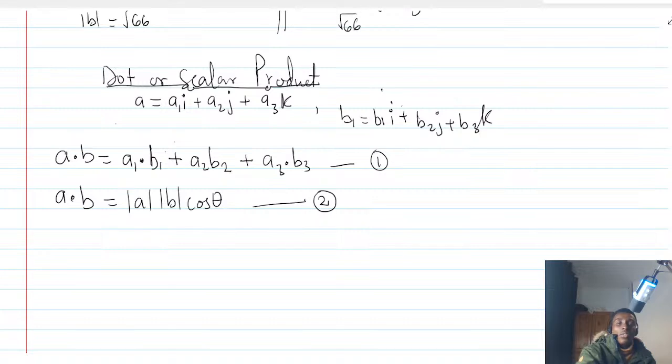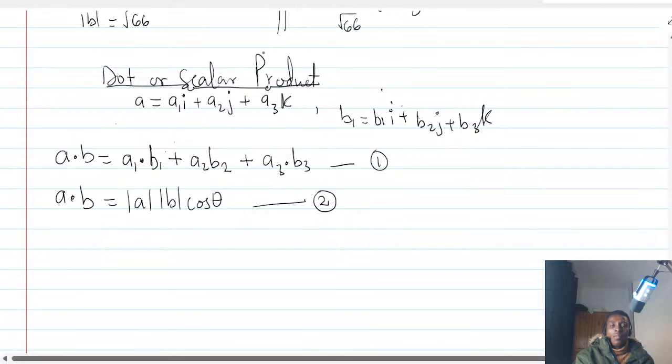Let's say that you have been asked to find the angle between two vectors.